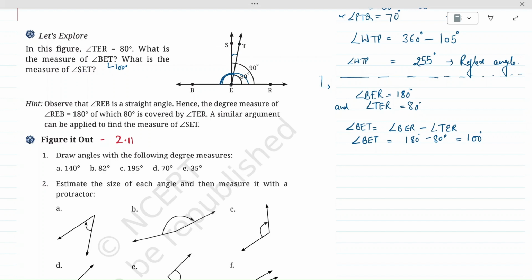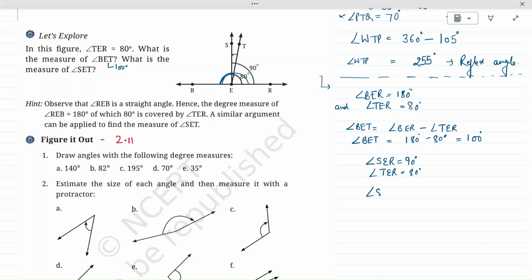So kids, in the figure itself, it is given angle SER, the bigger angle, is a right angle, 90 degrees. And angle TER is 80 degrees. So this complete angle is 90, and this angle is given to us as 80. So if from this whole angle I subtract this angle, I will be left with only this small angle.